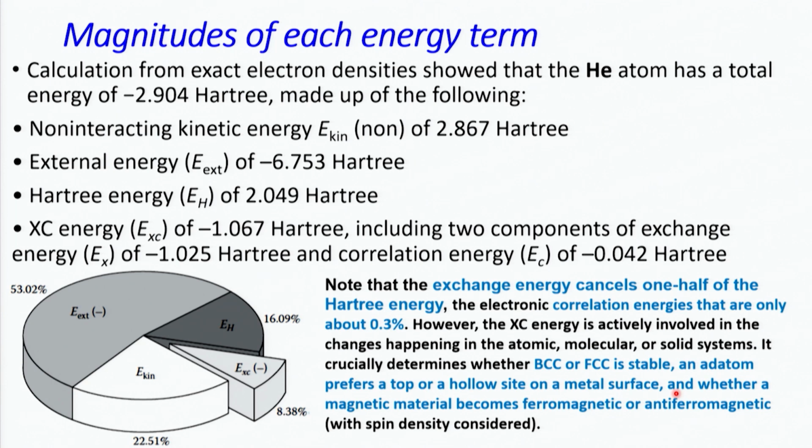So all the magnetic and electronic properties are greatly affected by this electronic correlation. Though its contribution is very small, it dictates some very crucial properties, basically magnetic properties and also the band gap.